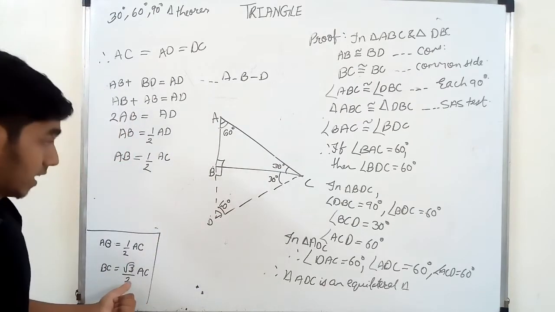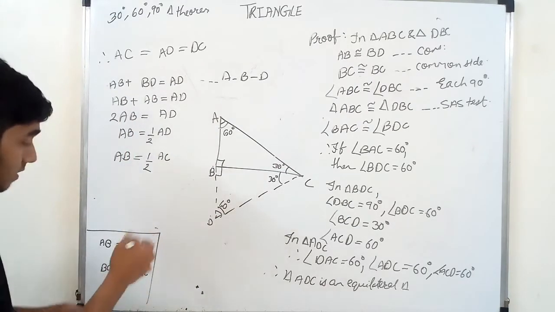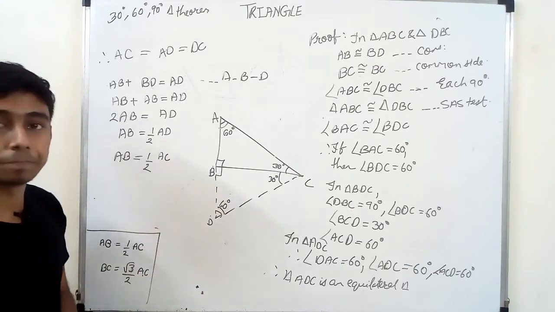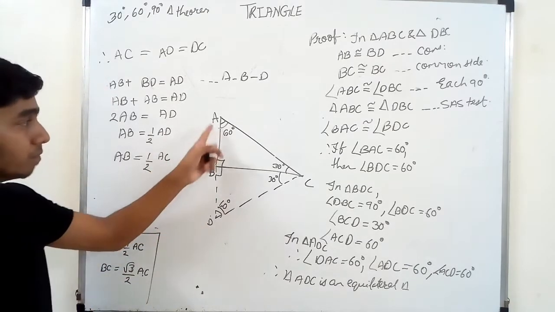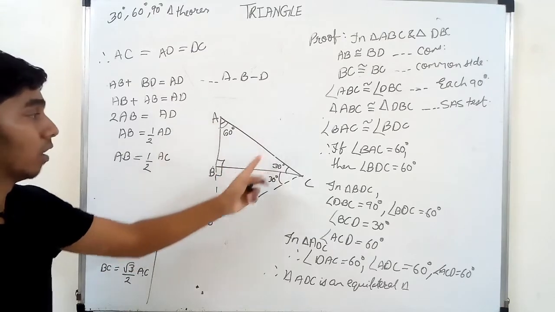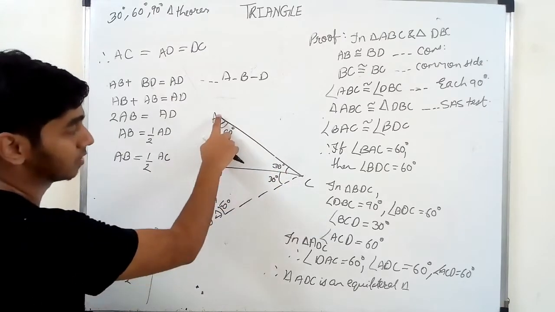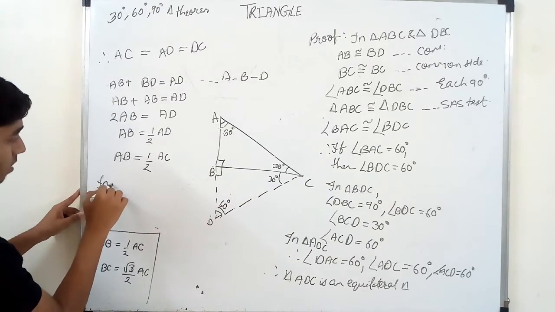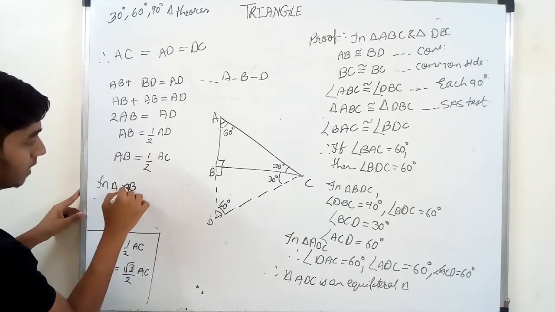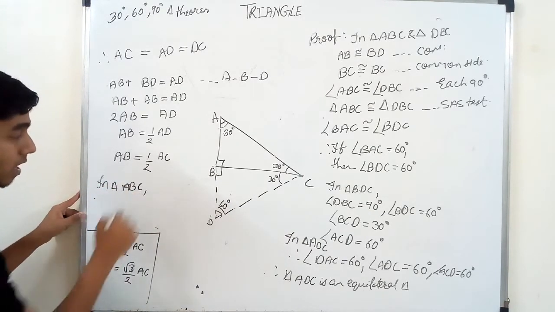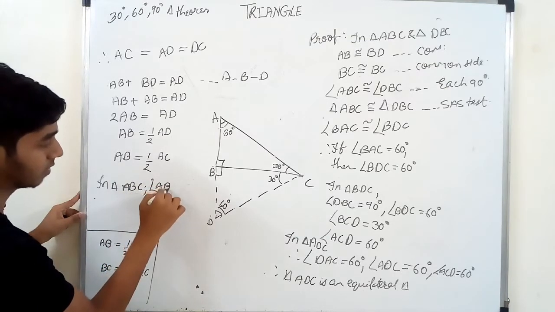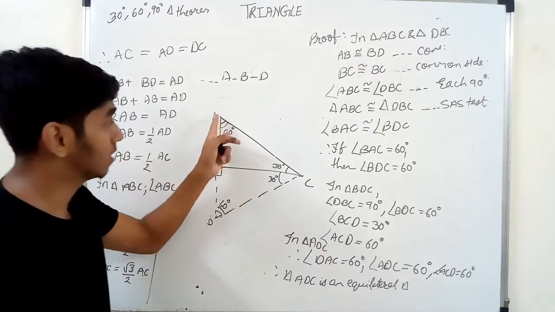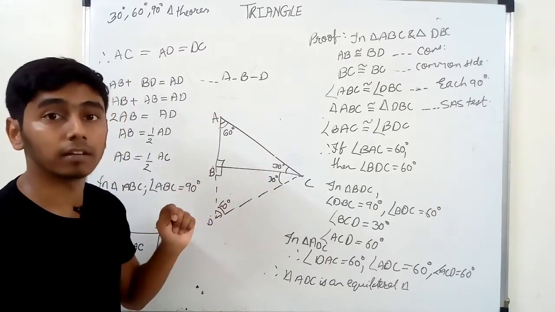Now let's see the second case, which says that we have to prove that this is equal to root 3 by 2 AC. So let's see how we do it. You very well know how to use the Pythagoras theorem for this triangle ABC. So in triangle ABC, angle ABC is 90 degrees. So we are just considering A, B and C, this triangle.